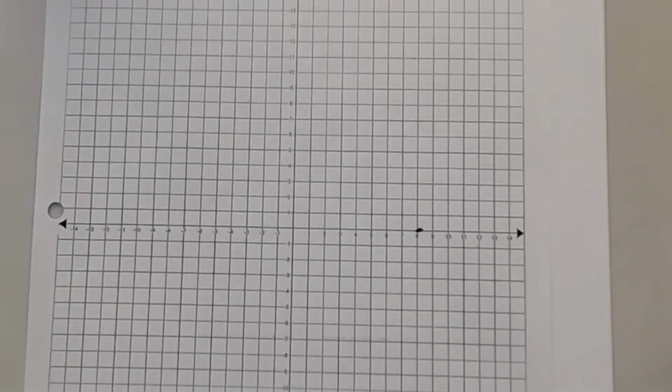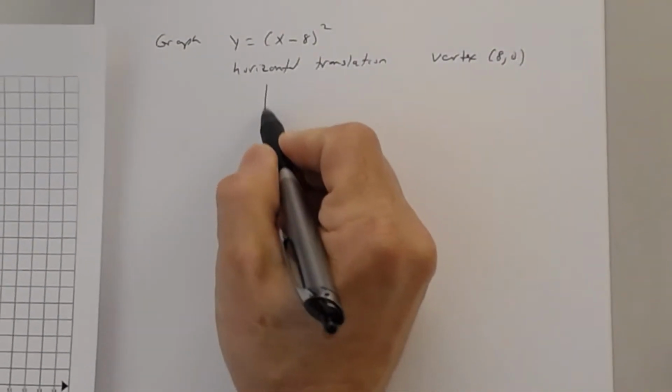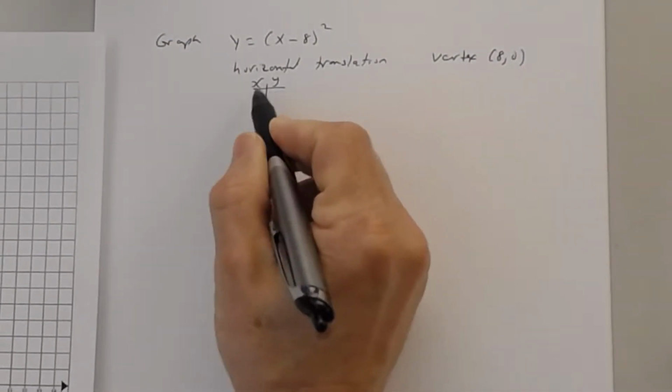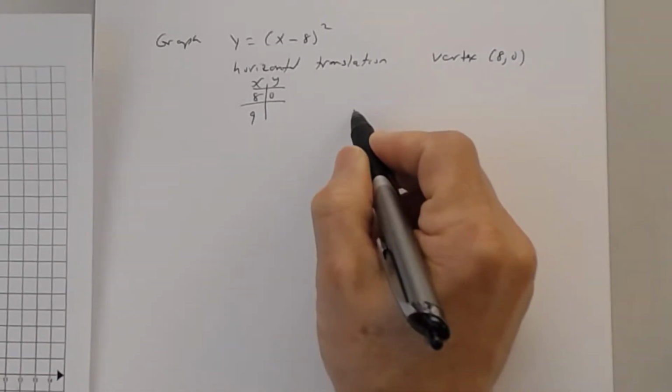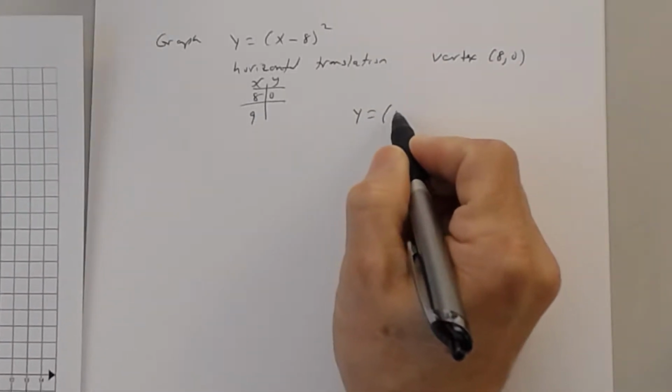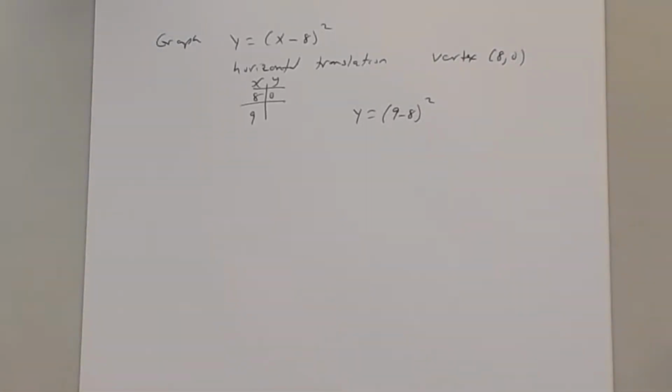9. All right, if x is 9, do the t-table. So far I have 8, 0, right? That's my vertex. So if x is 9, I get y equals, in parentheses, 9 minus 8, and that's being squared. You'll agree that x is 9, right? You do what's inside the parentheses first. What's 9 minus 8? 1.